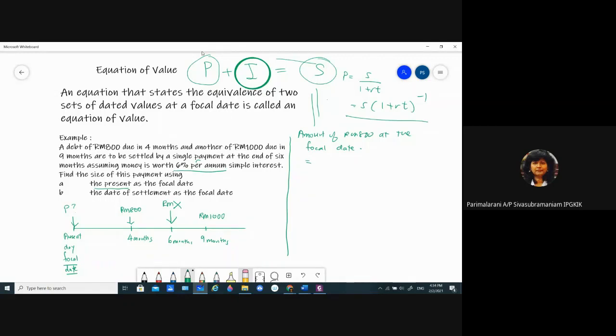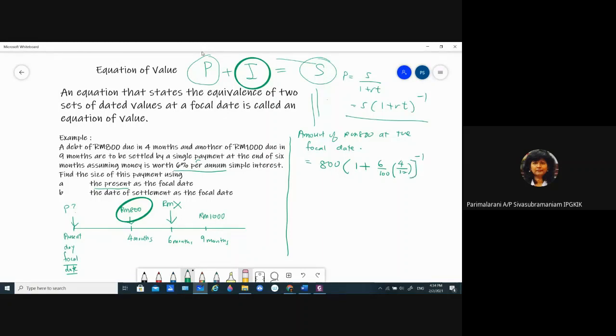So our S here will be 800. So it's 800 into 1 plus R, which is 6 over 100, and T is how many months here? T is 4 months, right? So T is 4 over 12.